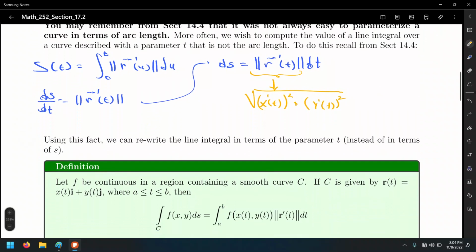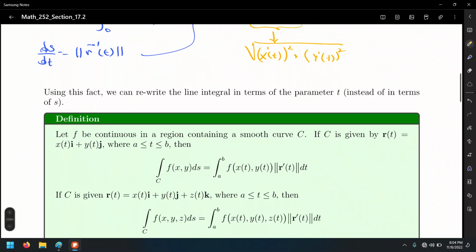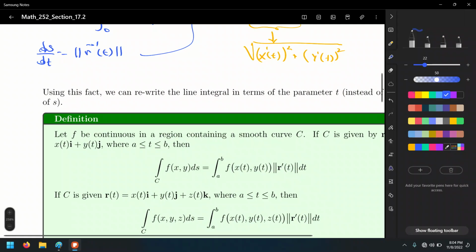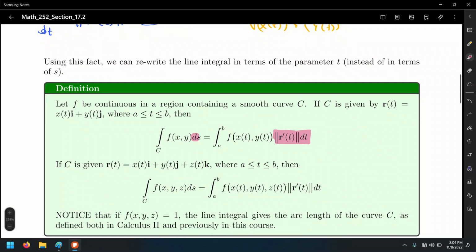And that being said, we can redefine what a line integral is: instead of defining it in terms of s, we can define it in terms of t. And notice how in this case we are changing this ds into the magnitude of the derivative dt, and that's for a function in 2 dimensions, and we have of course its counterpart in 3 dimensions.